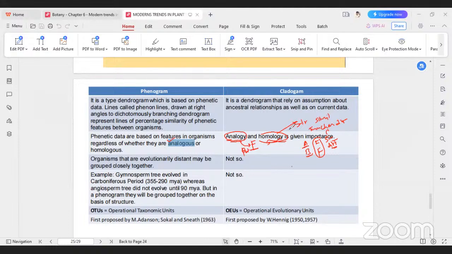For example, take the wings of birds and insect wings. Are these analogous or homologous? These wings of birds and insect wings have the same function but different structure, so they are analogous.